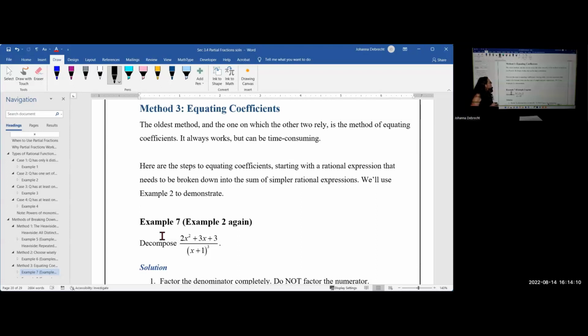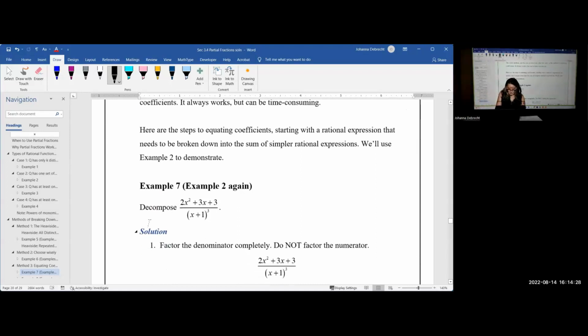This is the oldest method. So here's the idea behind equating coefficients. We're going to start with example 7, which is actually example 2 again, and we're going to go back and look at the decomposition of it.